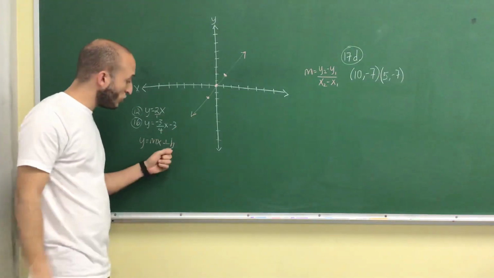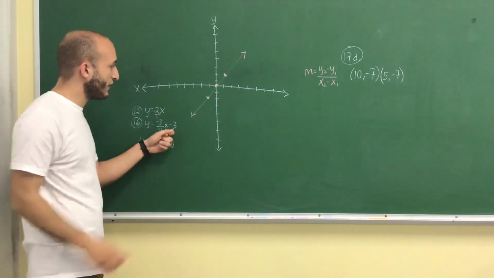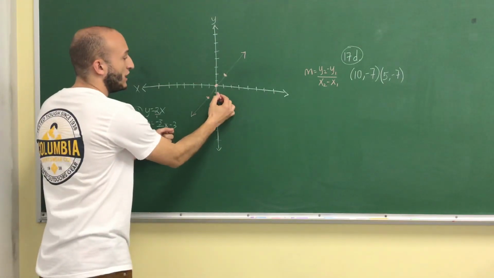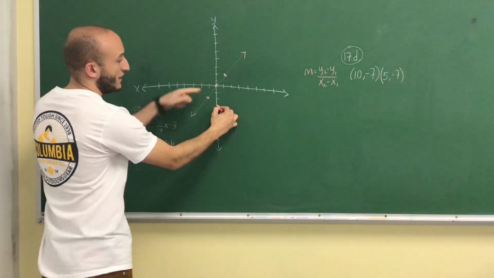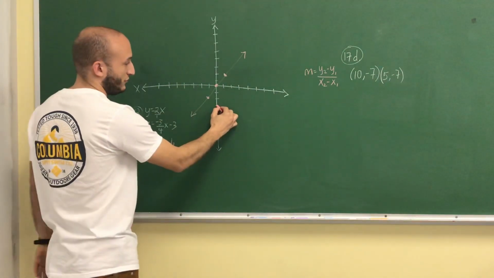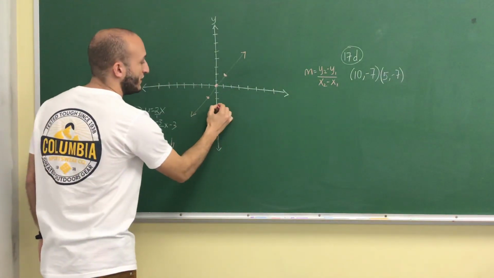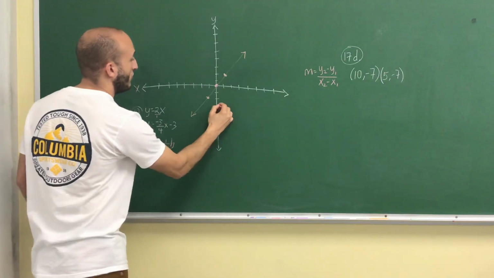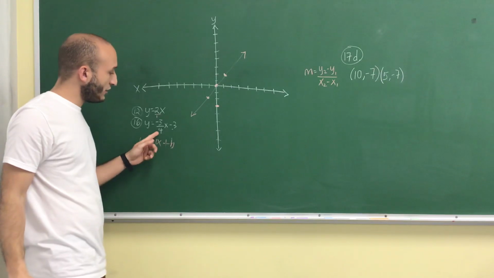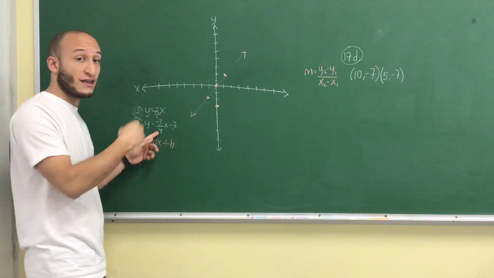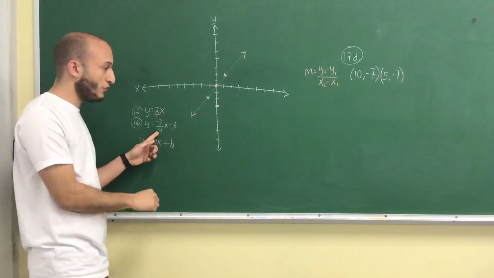Remember, we're always starting with our y-intercept. So -3 on my y. 1, 2, 3. Since it's a -3, I'm going to go down from 0. So this is my first point at -3. Then I'm going to look at the slope, which is I'm going to rise -3 and then run 4.